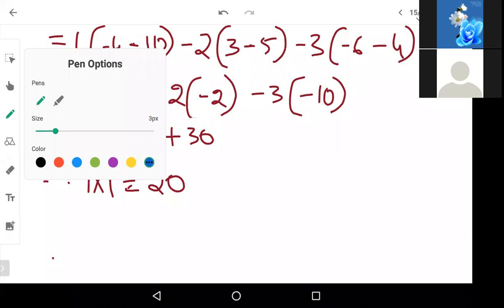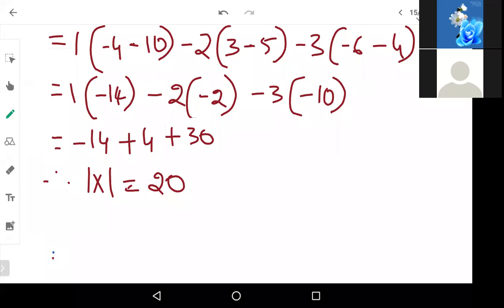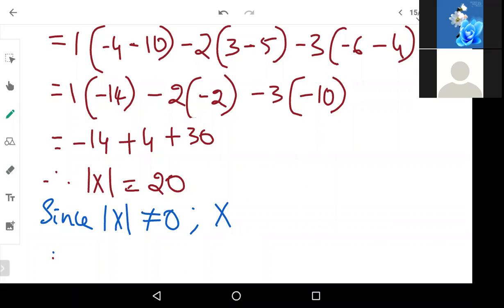Good. Now, you can write that, since determinant of X is not equal to 0, X inverse exists. Okay.